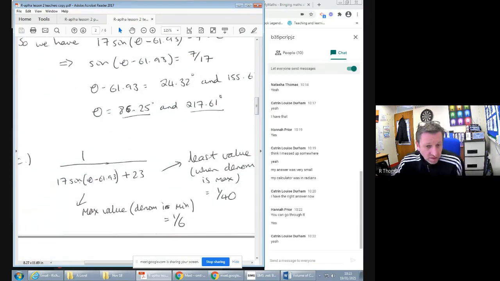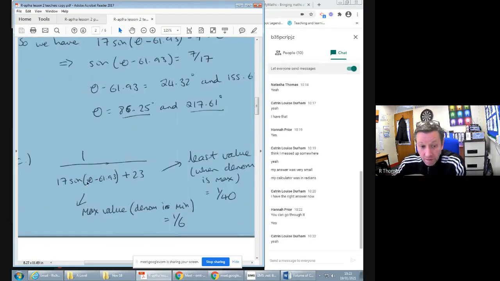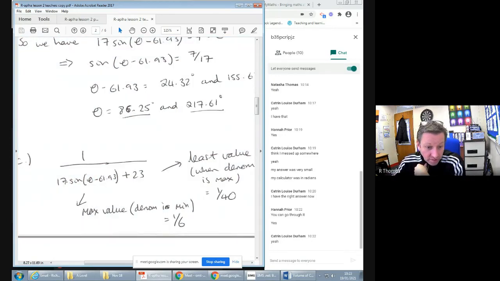Now, of course, the least value will occur when the denominator is at its maximum. The denominator will be at its maximum when this here is 1. Right? The largest value you can have for sine of anything is 1. If this is 1, I got 1 times 17 plus 7 is 17, plus 23 is 1 over 40. So the least value will be 1 over 40.